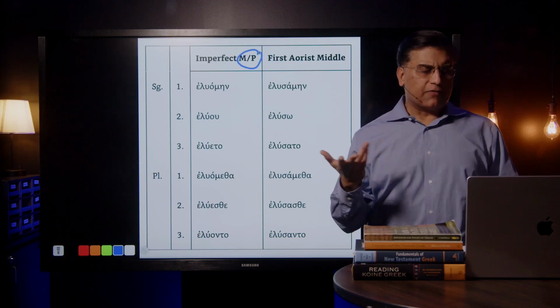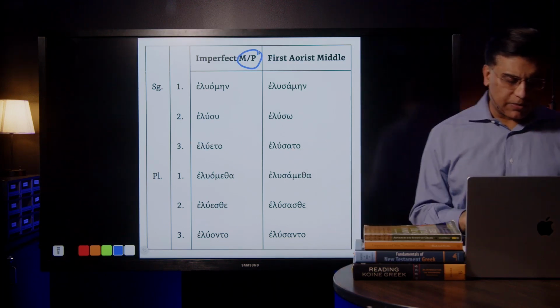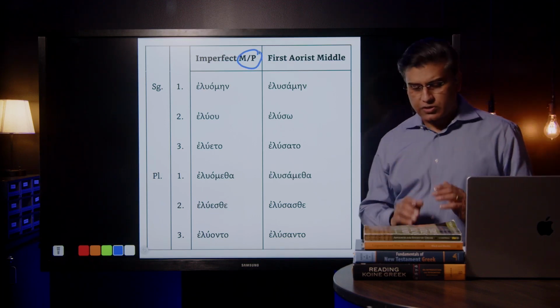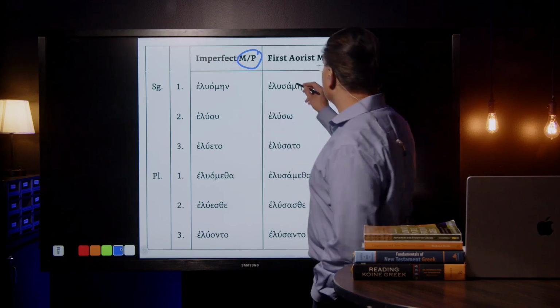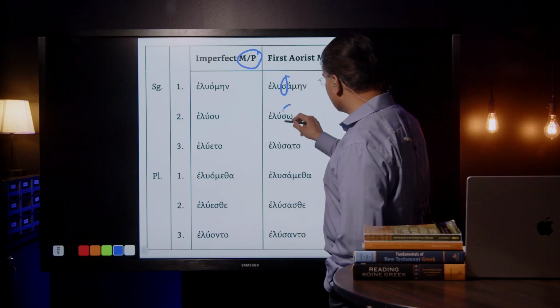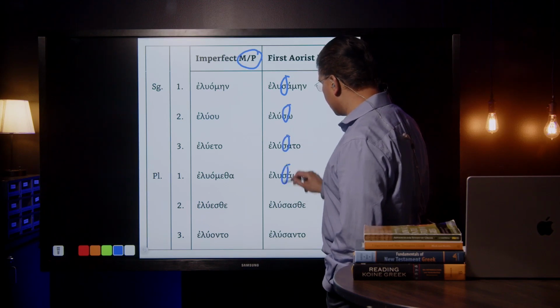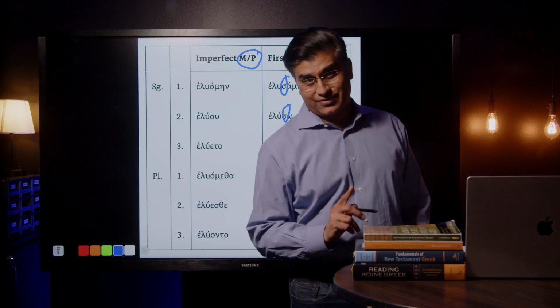But then, how about the first aorist middle? The major difference, if you remember from our previous lessons, especially last semester, is the sigma. Sigma shows up in your future as well as your aorist.